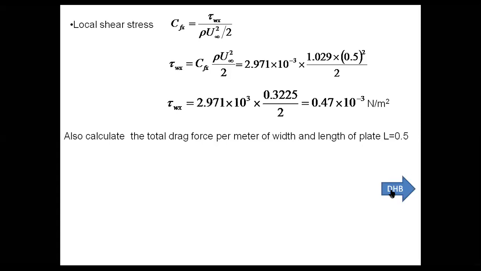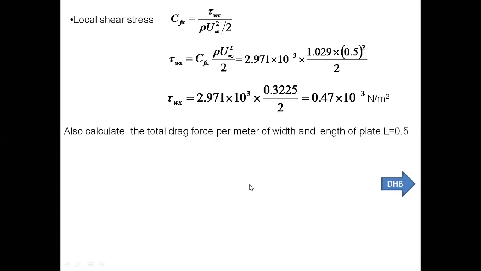If you multiply 0.664 by 2, you get 1.328. Make use of this, find out the CFL, substitute it in the equation for tau, find out the tau. From tau, multiply it with the area, and you get the total friction force or the drag force that is acting on the plate.